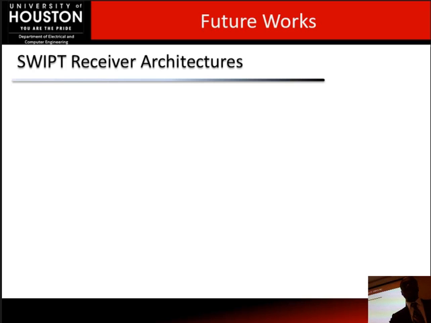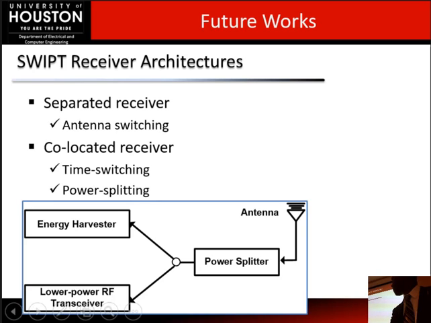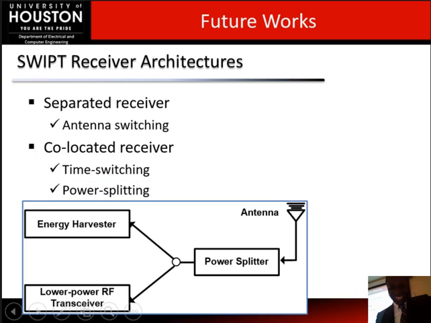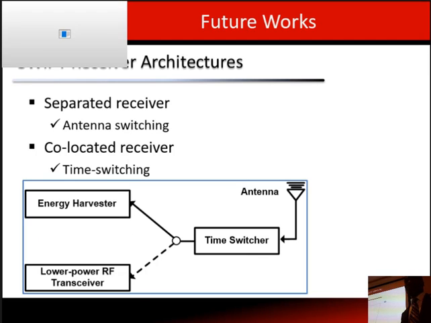From the Swift architecture I showed earlier in this presentation, co-located, it allows me to open it. Okay. So these are other architectures that can be considered in the design of a multi-channel ambient energy harvester. This can be considered in the next work.